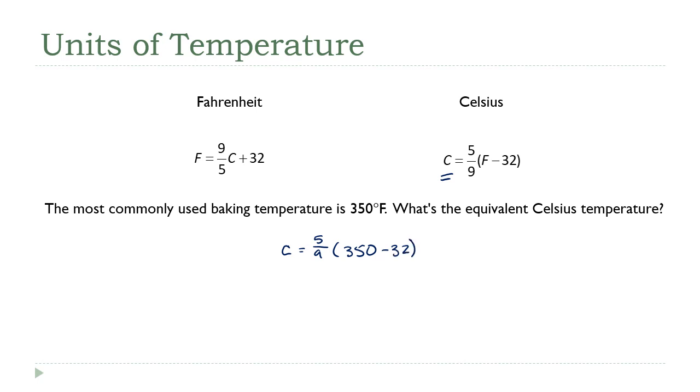Now you go to your calculator, and this comes out to 176.67 degrees Celsius. And that really is how you should write temperature values. It's not uncommon to see people just say degrees and assume you know which of the two scales you're using, but a best practice is to put a C or an F on the end so you make it explicit.